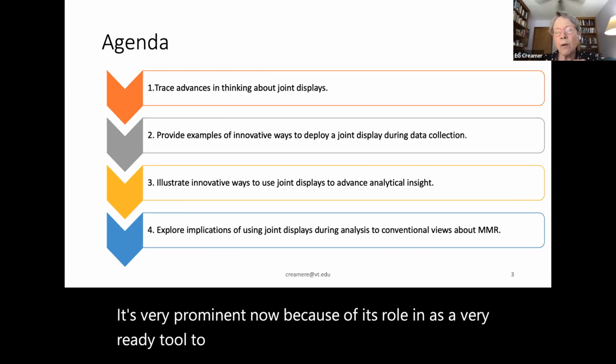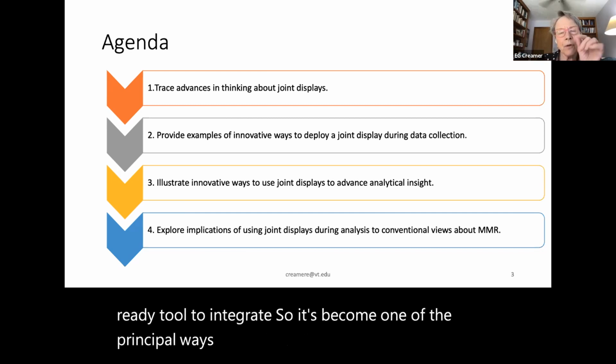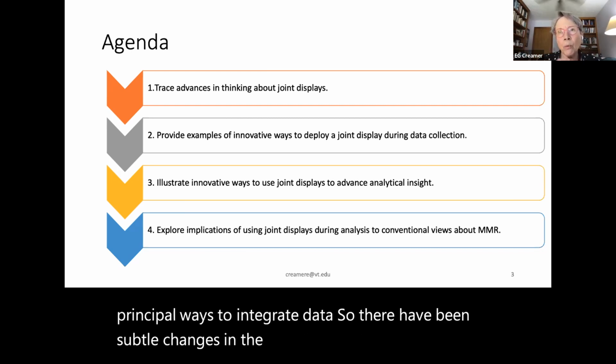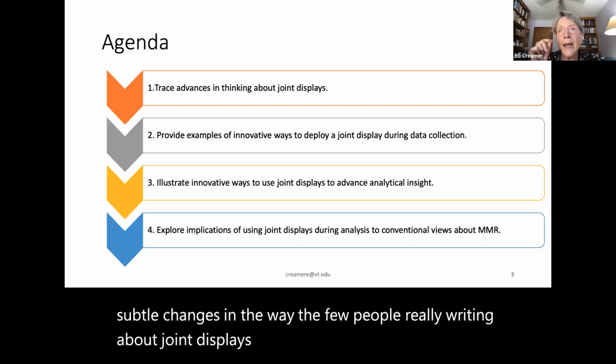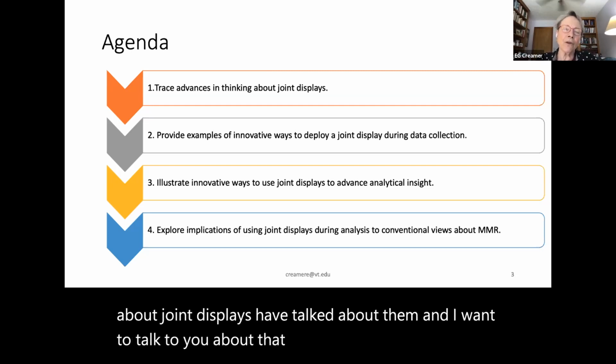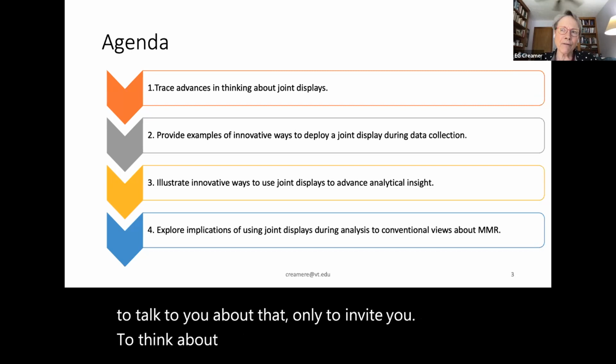It has become one of the principal ways to integrate data. There have been subtle changes in the way the few people writing about joint displays have talked about them, and I want to talk about that only to invite you to think about them as an area of research for yourself.